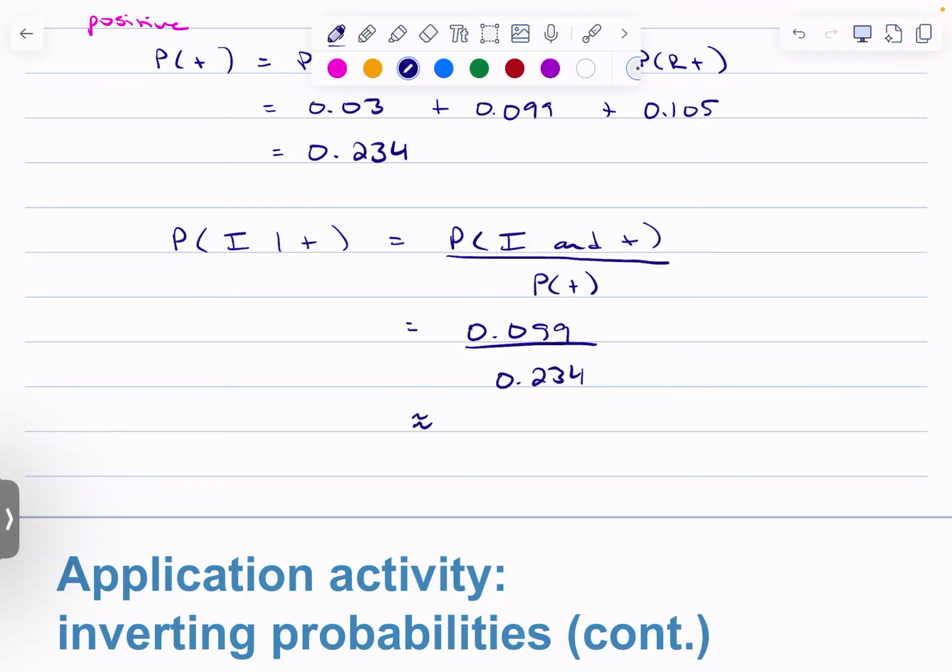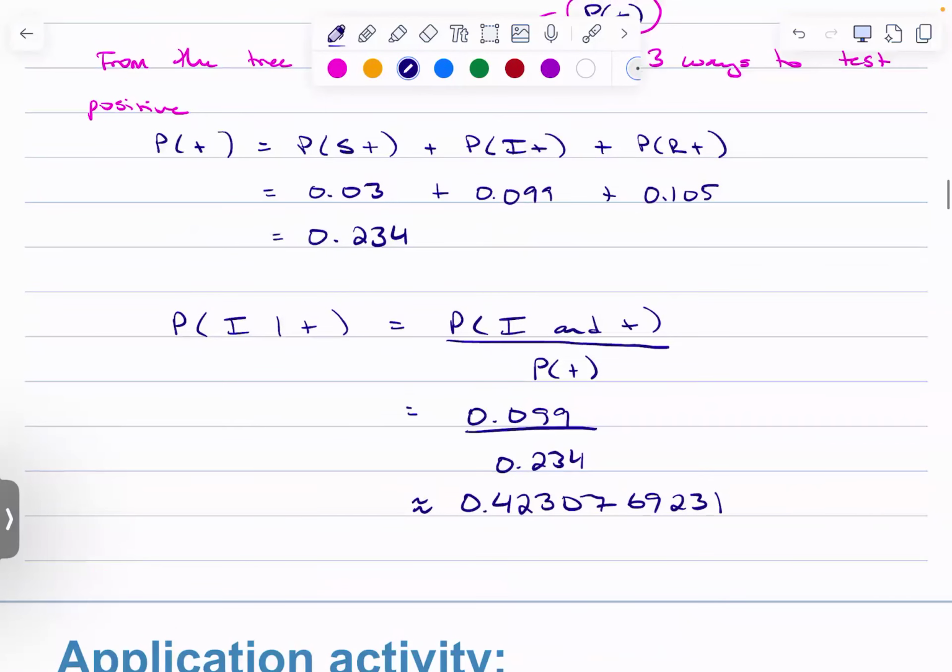Which is roughly 0.4230769231. Because it keeps going. I just don't see any more digits on my calculator. So knowing that someone has tested positive, the probability that they're infected is only 42.3%.